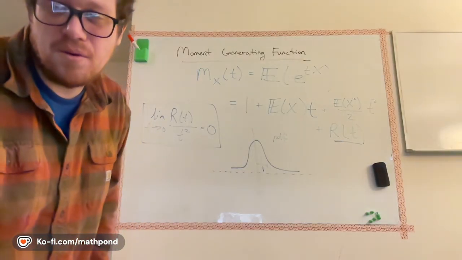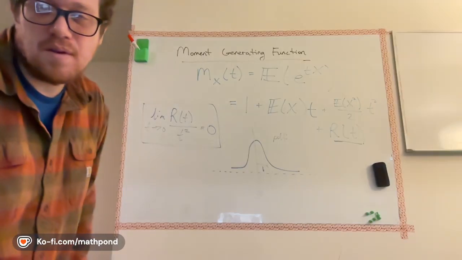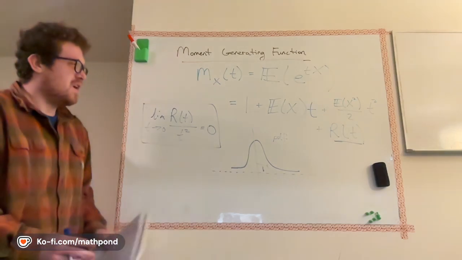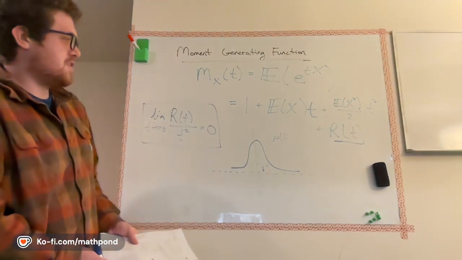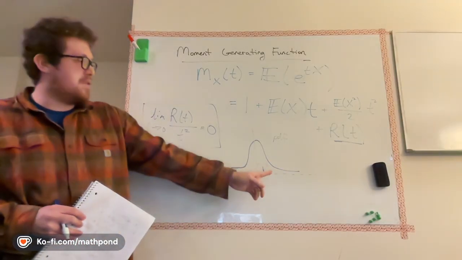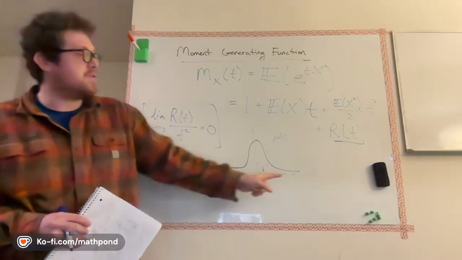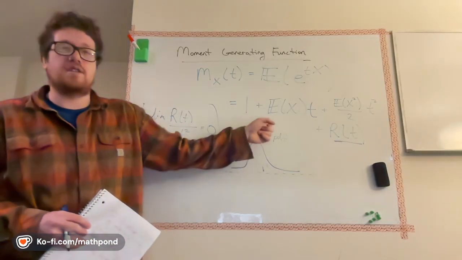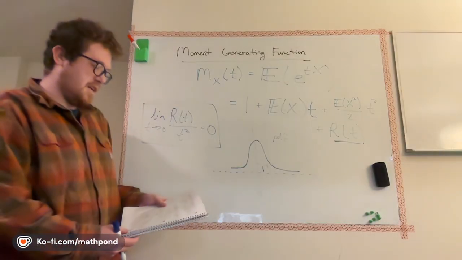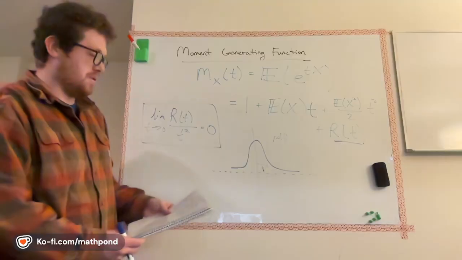Mean value, variance. So for a continuous random variable that can take any value, distributed according to this normal distribution, the moment generating function is e to the t squared over 2.